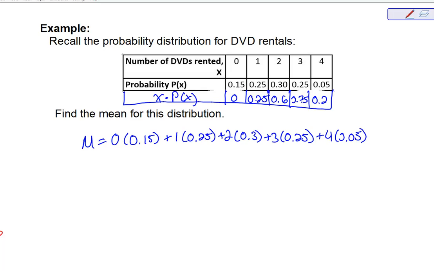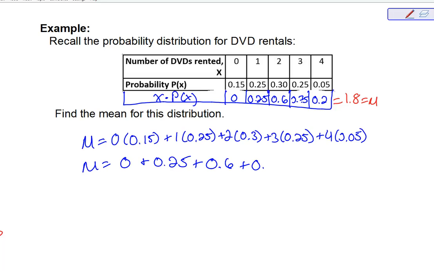An easy way to find my mean is to add those up and I have my mean. Or I can write out the formula and I can get the exact same thing down here.